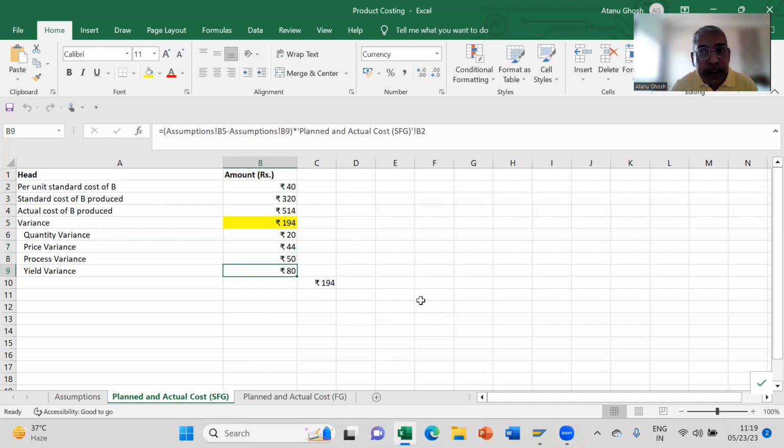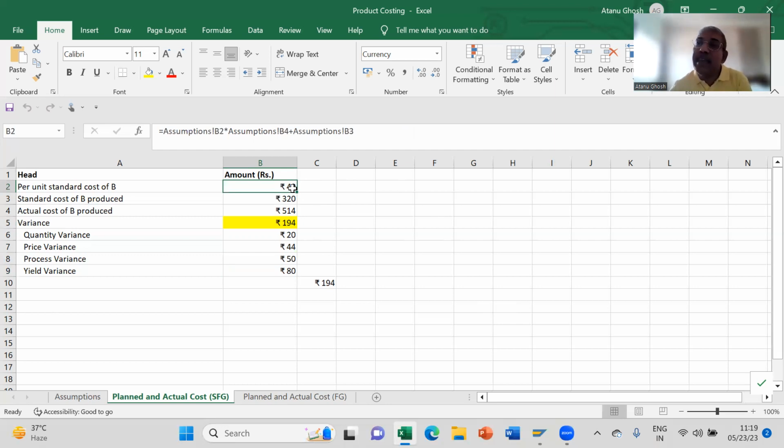Finally, instead of 10 units, I produced 8 units. So 2 units I could not produce. It was defective. I produced, but it was defective. And 2 units multiplied by the standard cost of B. If I had produced 2 units, I would have got another 80 rupees of inventory.